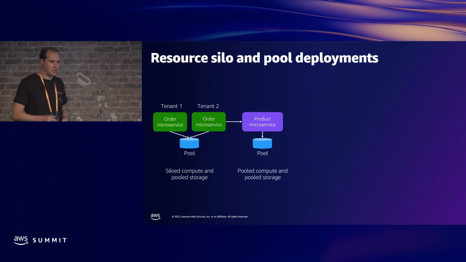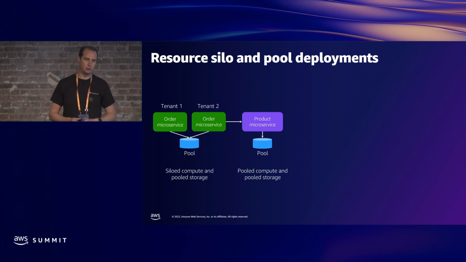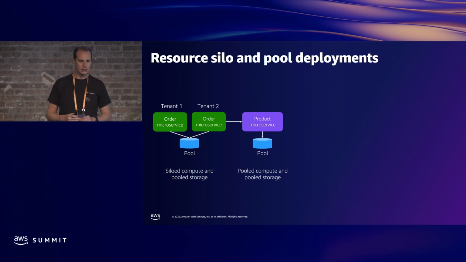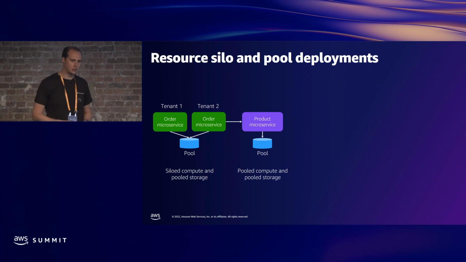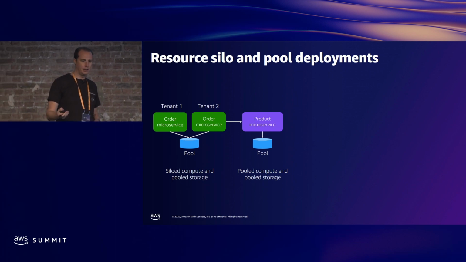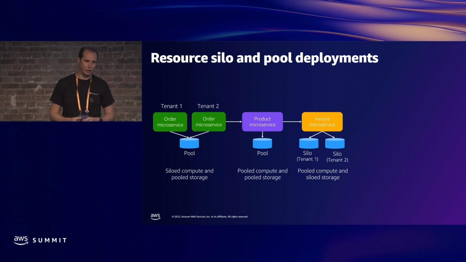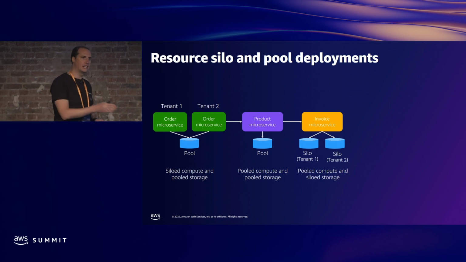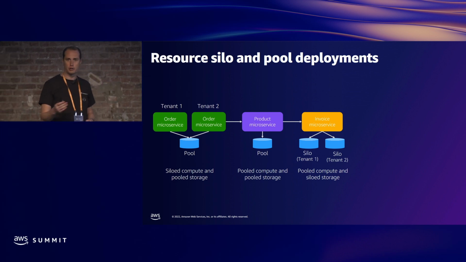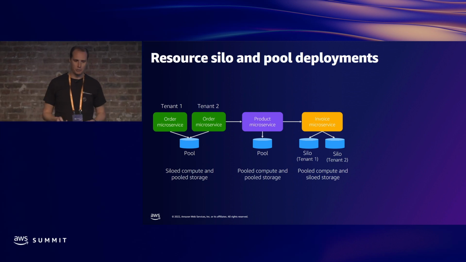That service is talking with another service, the product service, which is deployed in a pooled model, so you have compute which is pooled, plus the storage is pooled as well. And maybe even downstream from that, you have the invoice service, where the service is deployed pooled, but you want to have dedicated databases for your tenants. So that one has a silo deployment.